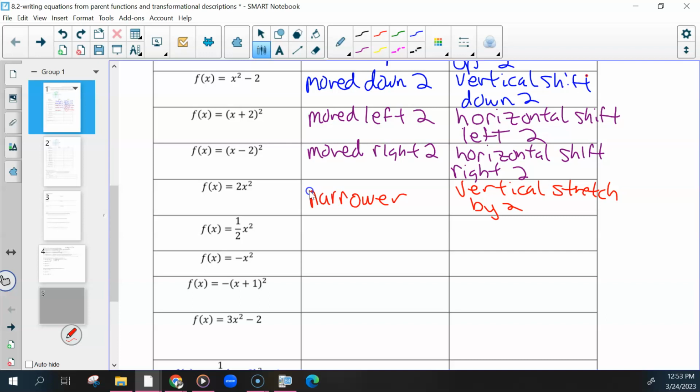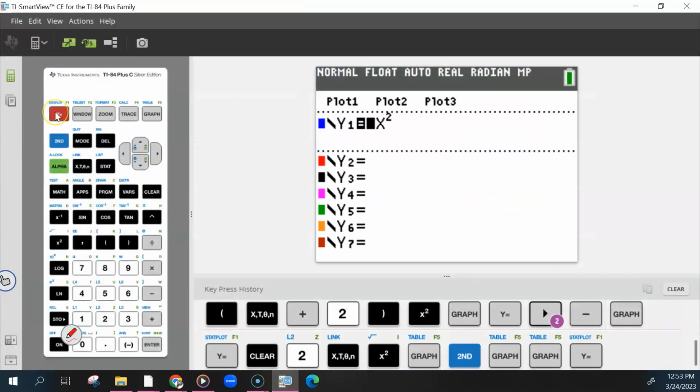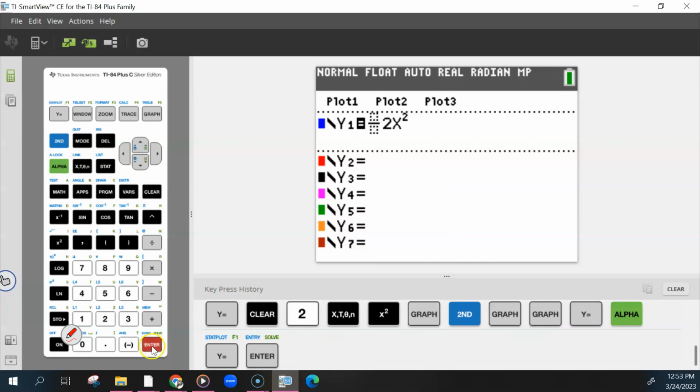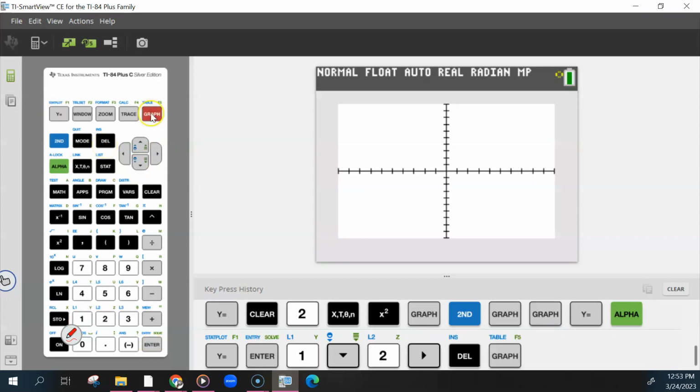So you can probably assume what the next one will do, but go ahead and graph that. What does that one do? It gets wider.